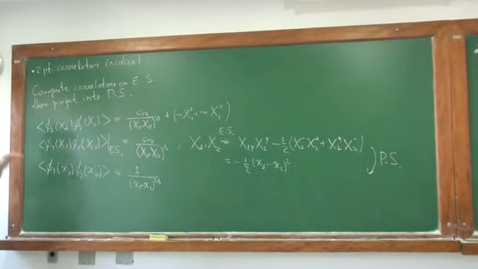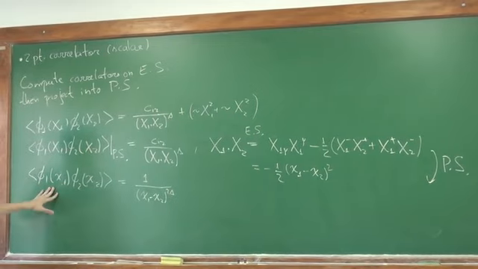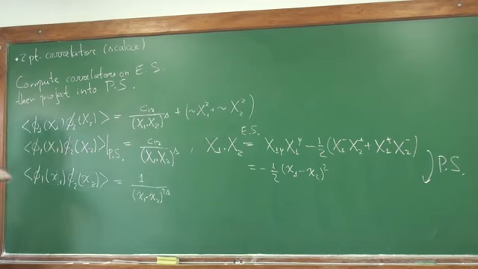So this is the correlator of any two scalar fields in physical space. The 'any' part, I will add some observation to this at the end.